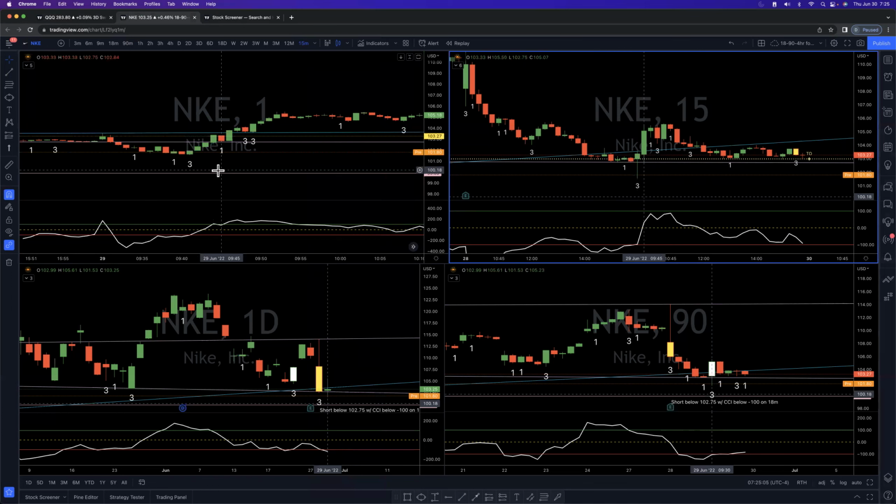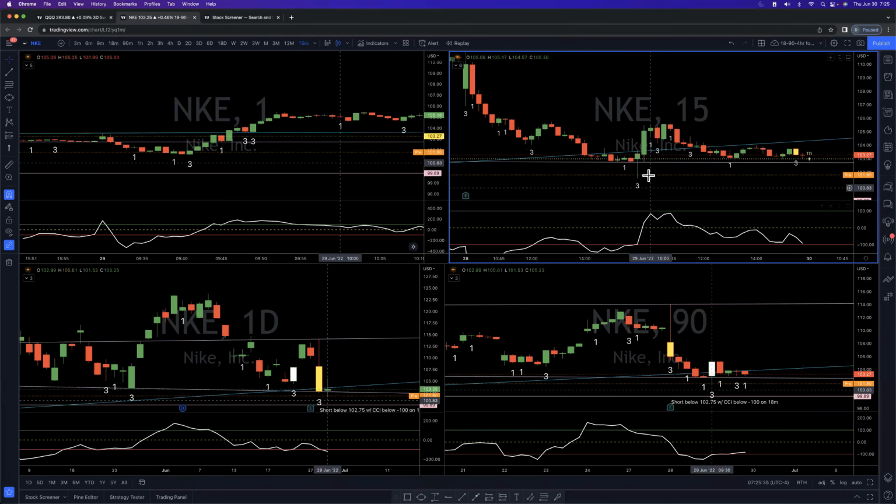It did, right here at the open, right? So this is your 15-minute flip. It came down, then it came back up. You could have taken that at the high here of this outside bar. It crossed over, and this is what I mean when I say, if you were trading this at the 15-minute flip, I certainly wouldn't be getting in before the 15 minutes, okay?